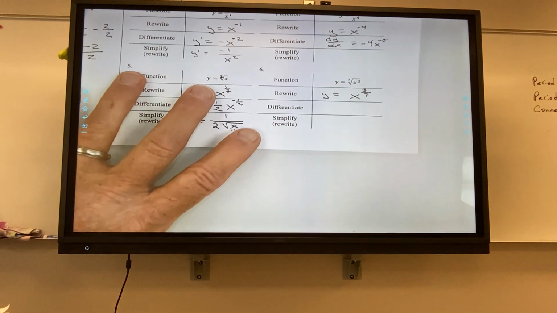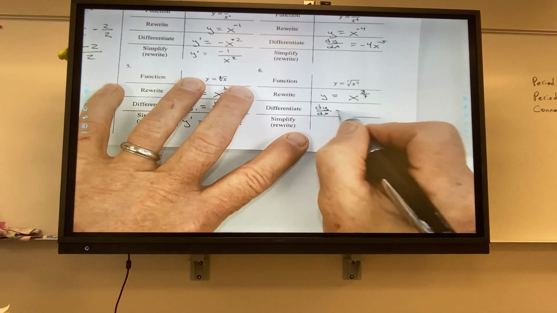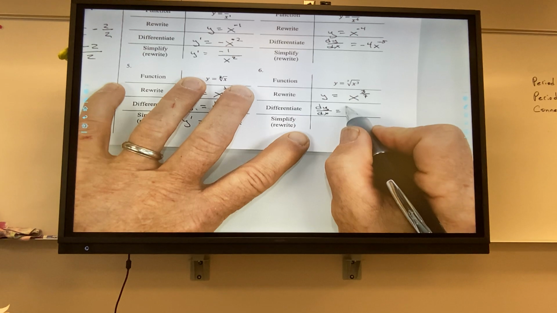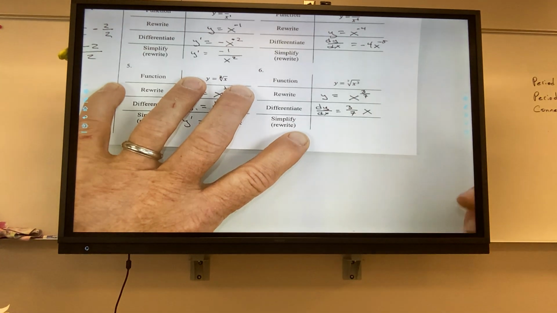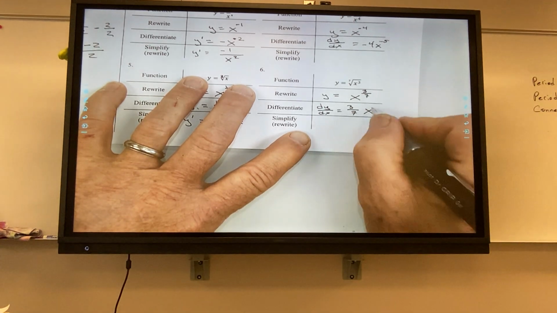And then we're going to apply Austin's rule. What goes in front, Matthew? 3/7. X to what power? -4/7.